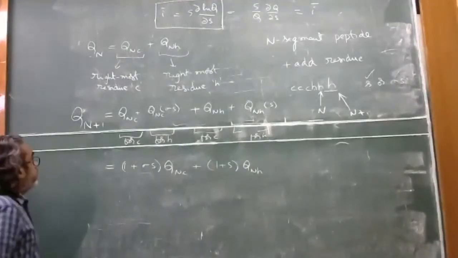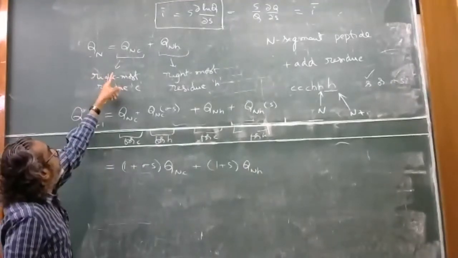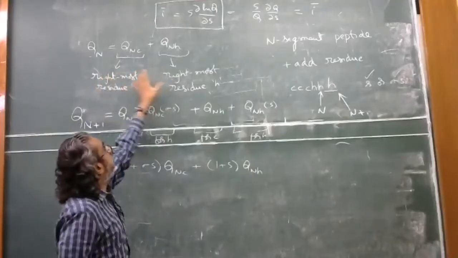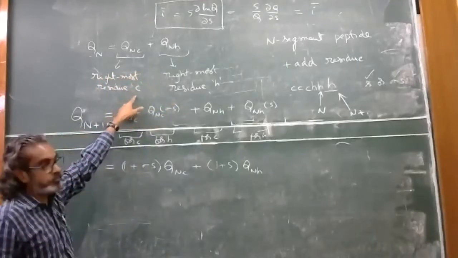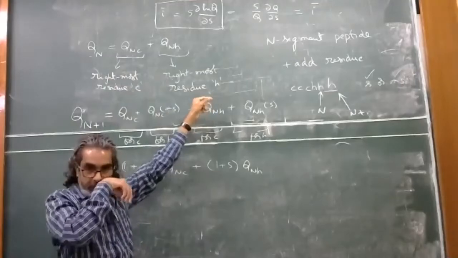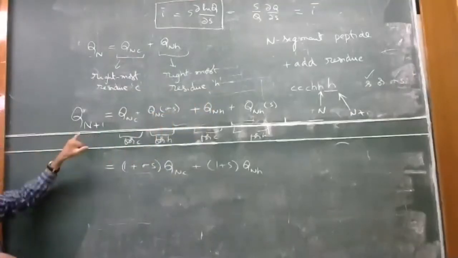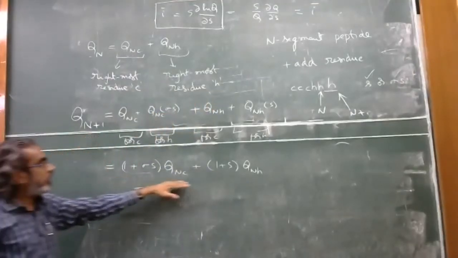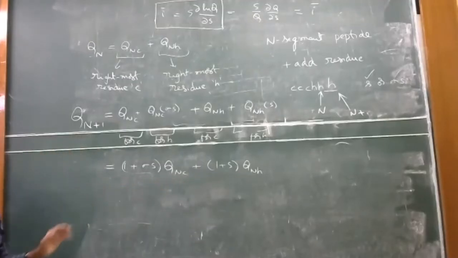Just like in the case of Qn, where we divided the partition function into two parts, where the rightmost residue is C and the rightmost residue is H, we can do the same thing for Qn plus 1. So how do we divide these terms into groups?